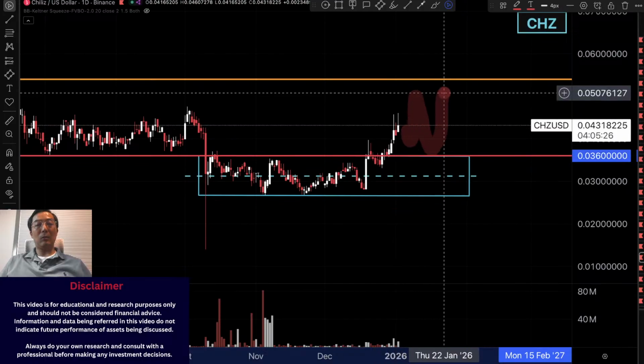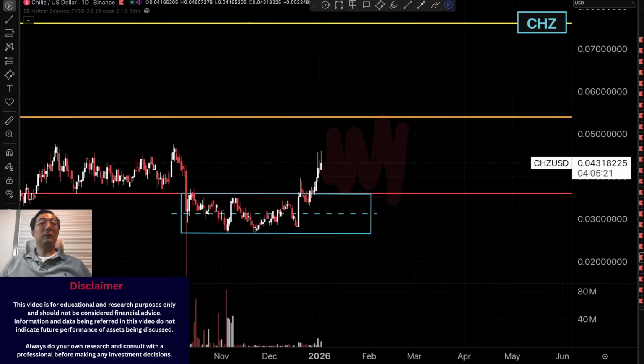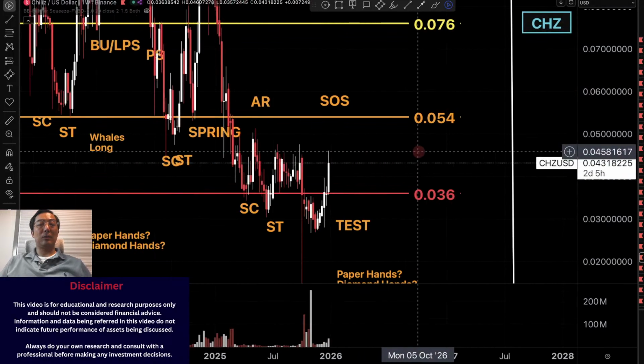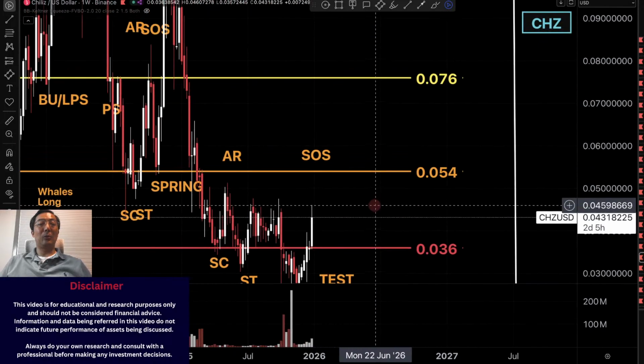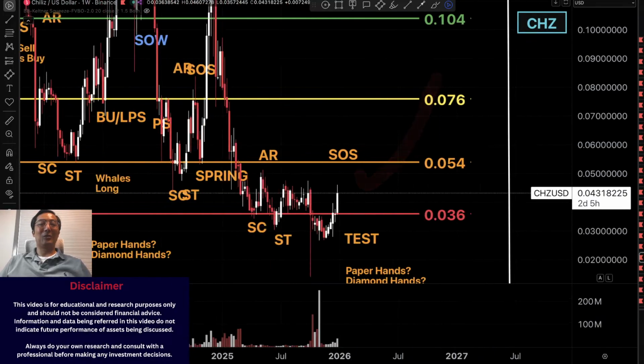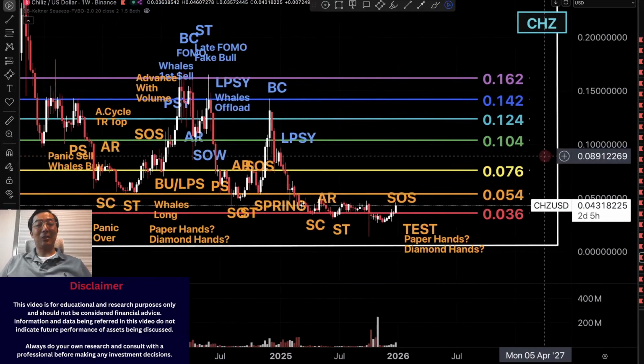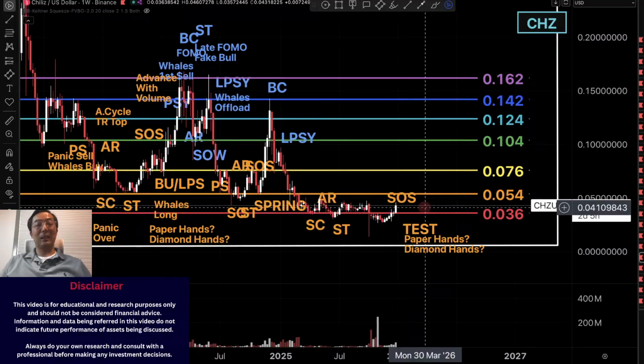If it trades sideways between the red and the orange key levels, that's totally fine. Of course, we want to see it go into a new distribution sooner. I understand. Let's hope that's the case. That's what Chiliz is definitely getting, some positivity.